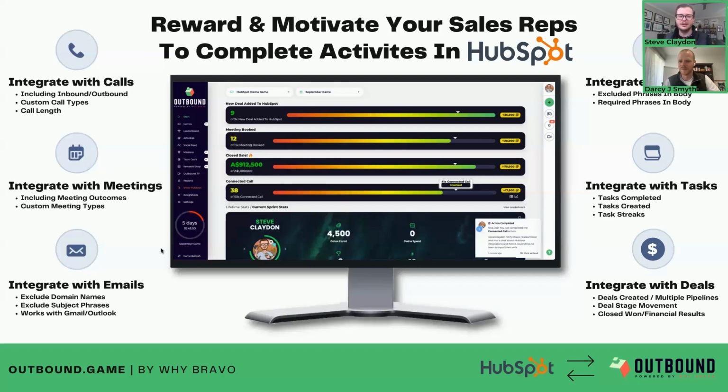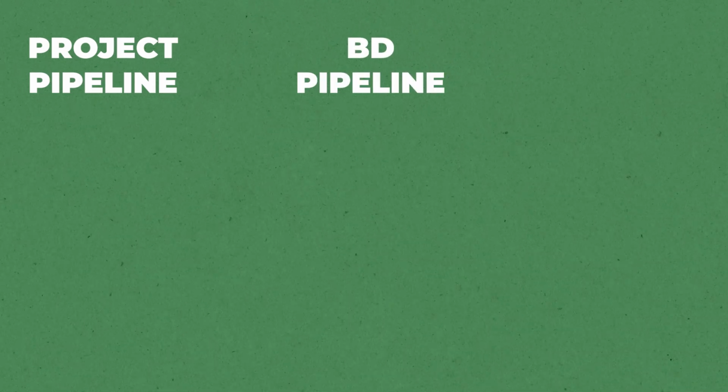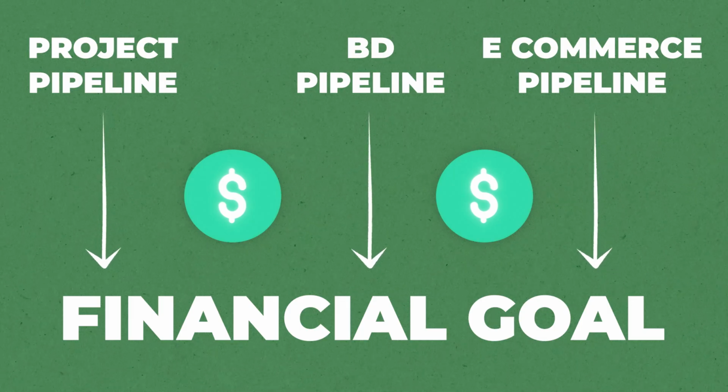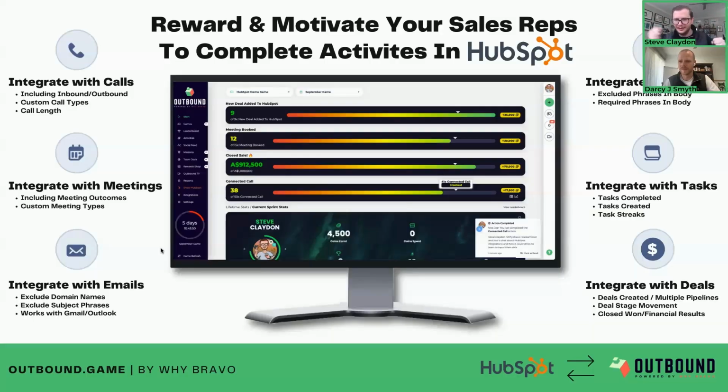Let's say you've got a project pipeline, a BD pipeline, and an e-commerce pipeline, but you want to have one overall financial goal that's pulling in the closed won of each different pipeline. We can pull all of that into one central dashboard now and one central rewards pool.